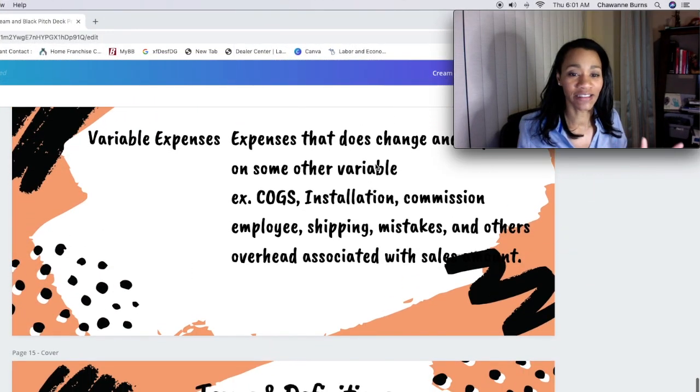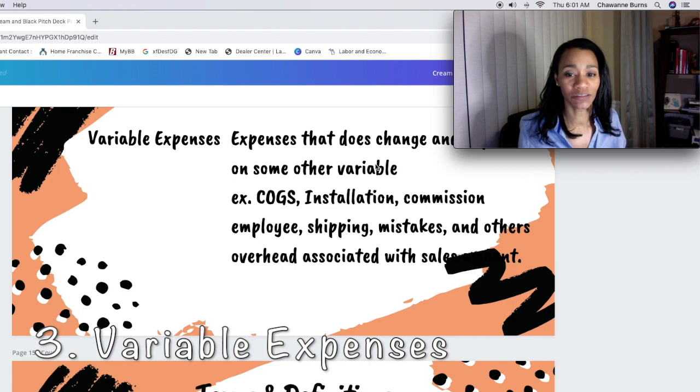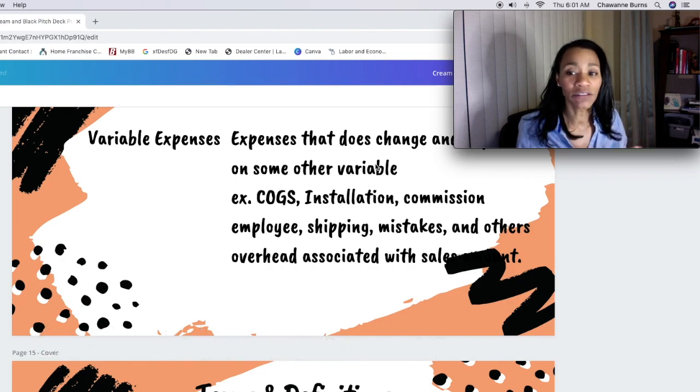The next key term is variable expenses. These expenses do change over time and are solely dependent on how much you sold. So if you sold 10 grand in 1 month, your cost of goods sold will be different for the next month. It changes month to month.